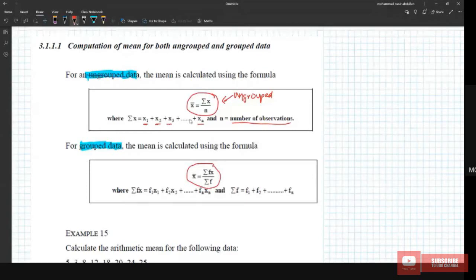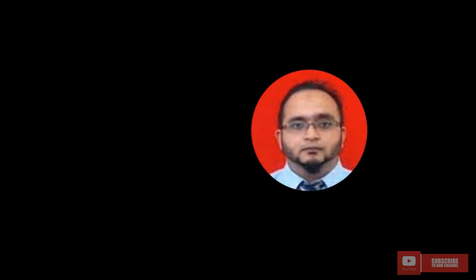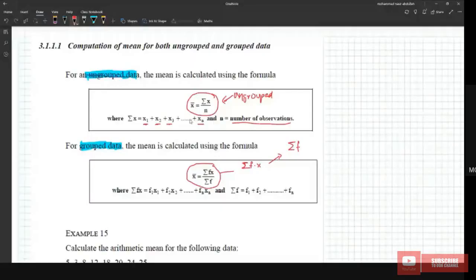Fx means we multiply the frequency with the observation value, and we take the summation of these values. We need to remember summation of fx is not equal to summation of f multiplied with summation of x. It's not the same value, right?